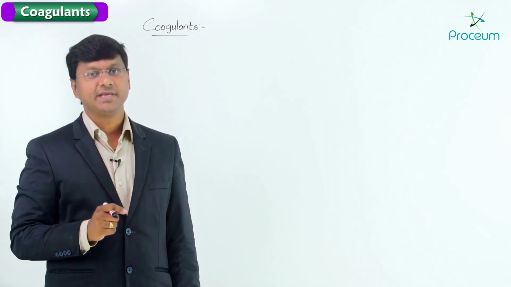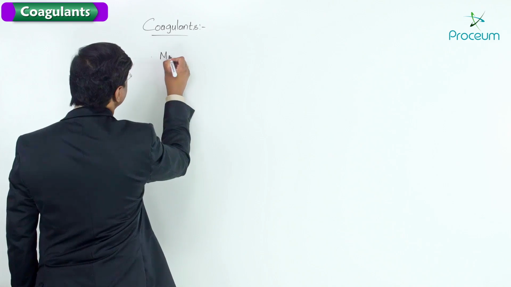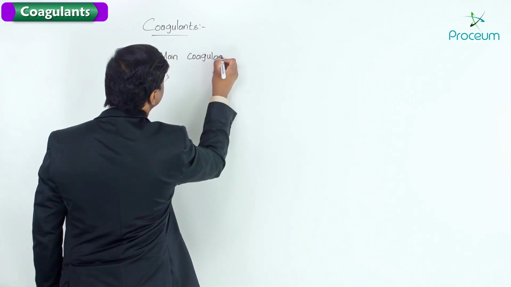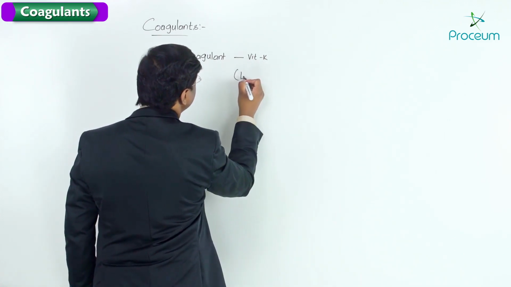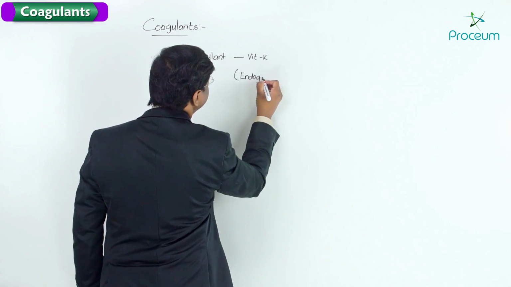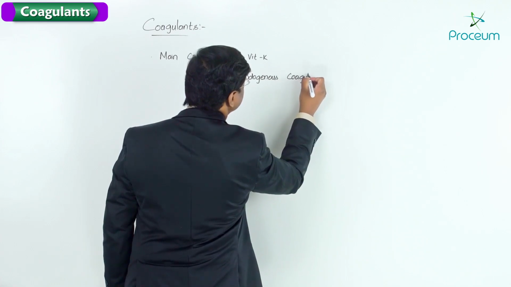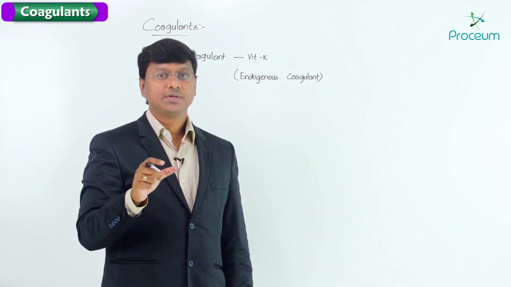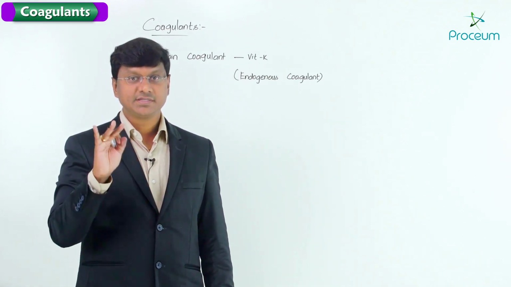We have an endogenous coagulant in our body, that is vitamin K. The main coagulant in the body is vitamin K, and this vitamin K is in three forms.